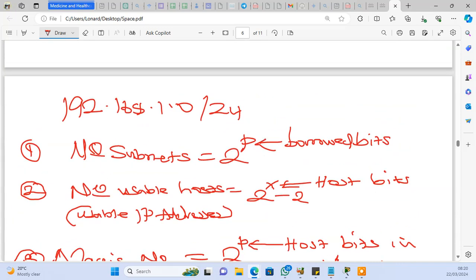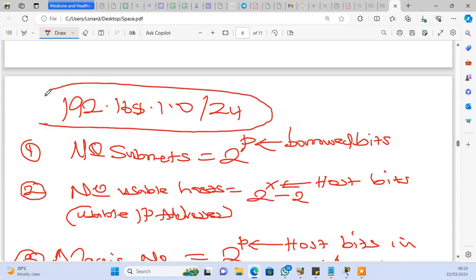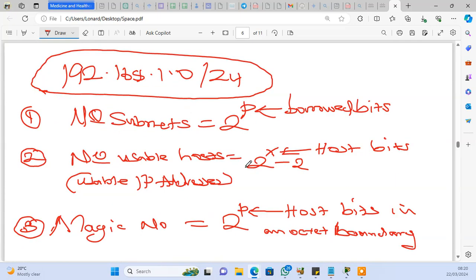So this is an IP address, and we need to apply these formulas now. These formulas cut across every IP address. Let's say you want to know the number of available subnets, you can use this on any address.